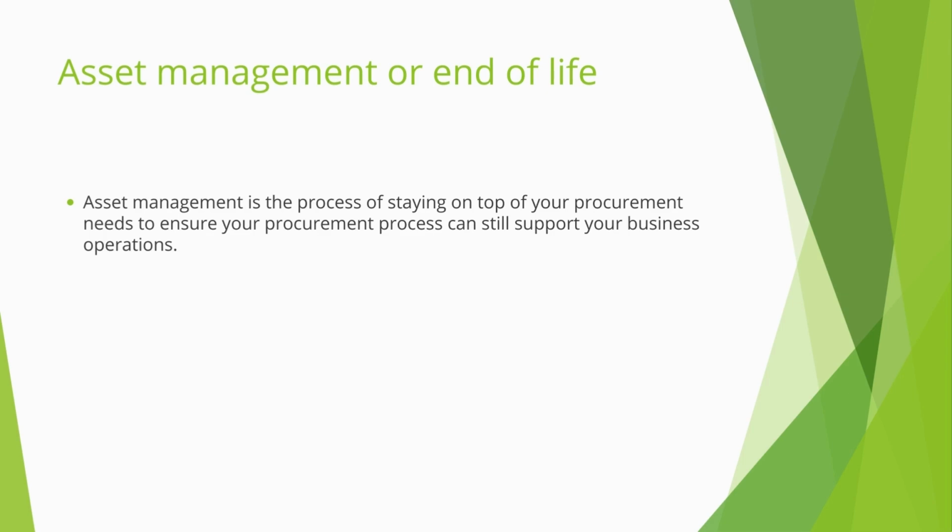As a result, it's important from time to time to evaluate your procurement needs to determine if there's been any change and how you can adapt your procurement to the changes you discovered anew. So asset management is basically the process of staying on top of your procurement needs to ensure that your procurement process can still support your business operations.